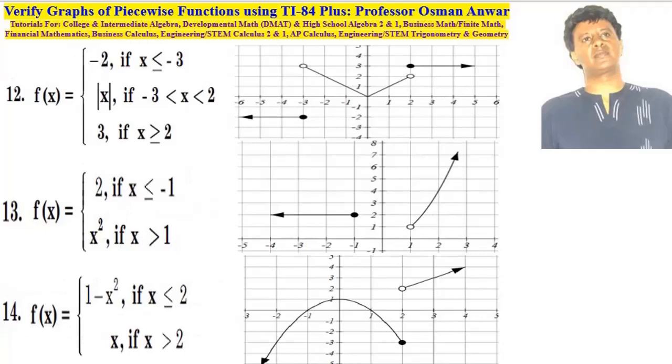And here we have f of x is minus 2 if x is less than minus 3, and it is absolute value of x if x is between minus 3 and 2, and it is equal to 3 if x is greater or equal to 2.